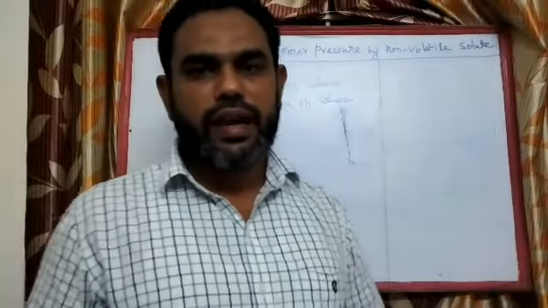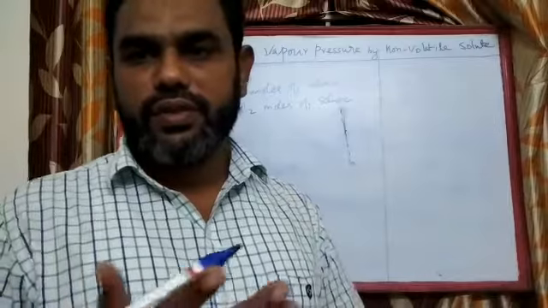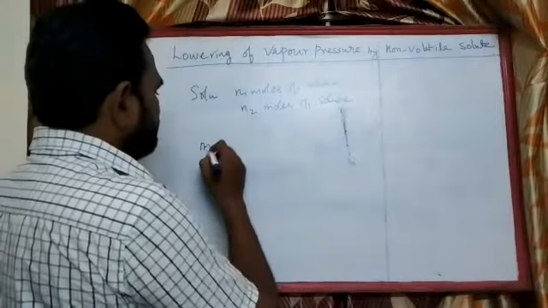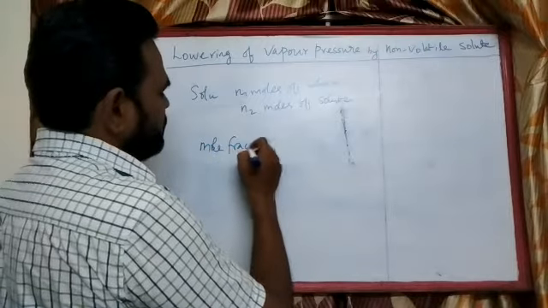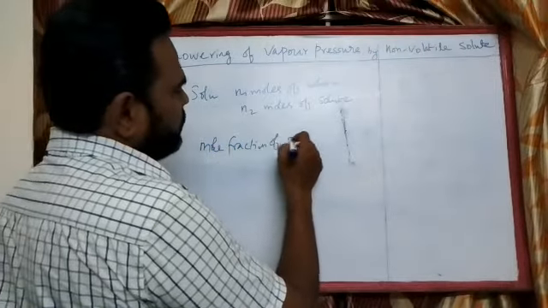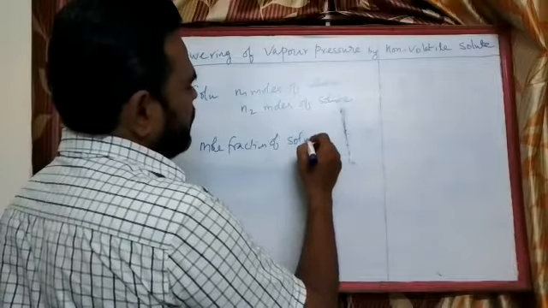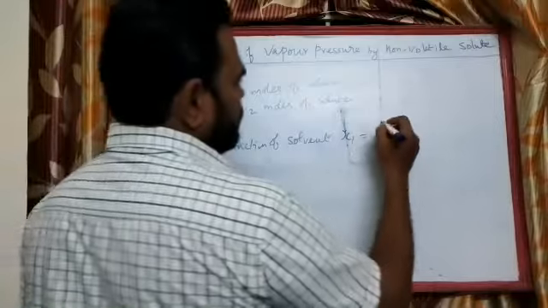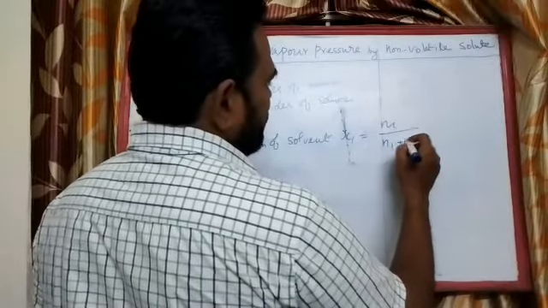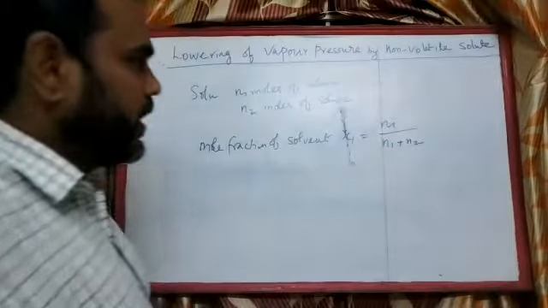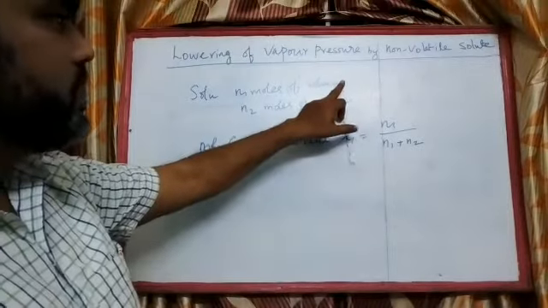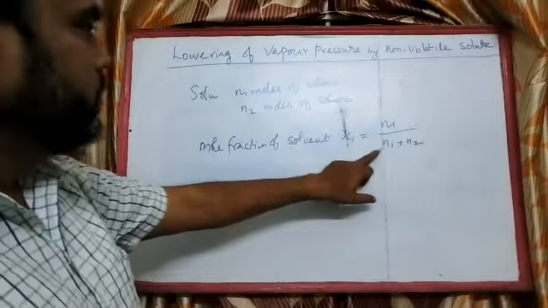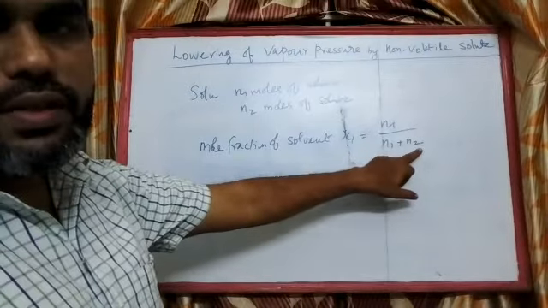Now let us calculate the mole fraction of the solvent and the solute separately. The mole fraction of the solvent, x1, is equal to n1 by n1 plus n2. That is, the number of moles of solvent divided by the total number of moles, n1 plus n2, of solvent plus solute.